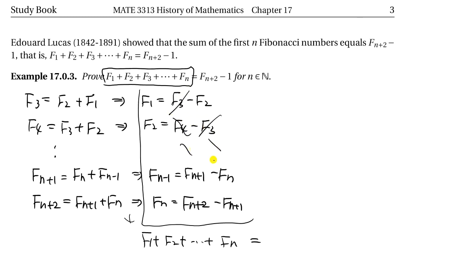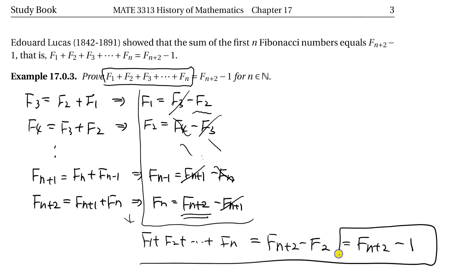Keep doing it, and lastly Fn plus 1 cancels out with Fn plus 1, remaining only these terms. So the right hand side becomes F sub n plus 2 minus F2. And what is F2? It's 1. So that's the proof of this equation.